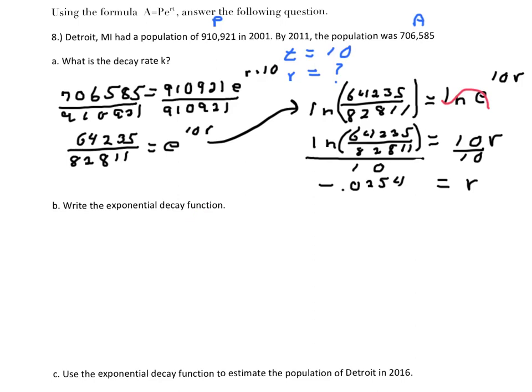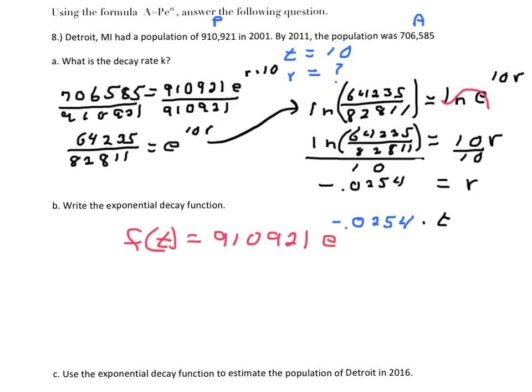The function means it's going to be f of t equals, we have our P value, which was 910,921 times e raised to the rate, and my rate was negative 0.0254 times my time. Okay, so there's our function.